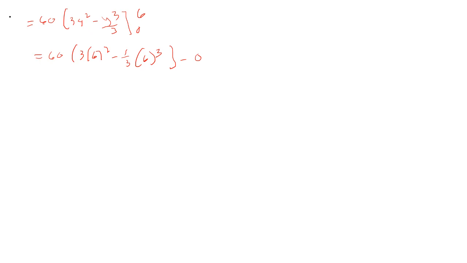So we'll continue, equals 60 times 3y squared minus y cubed all over 3, from 0 to 6, equals 60 times 3 times 6 squared minus 1/3 of 6 cubed, minus 0, equals 60 times 3 times 36 minus 1/3 of 36 times 6.